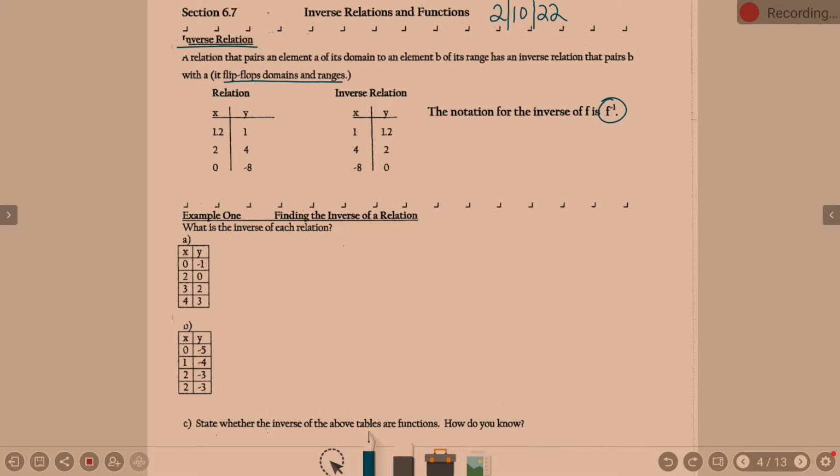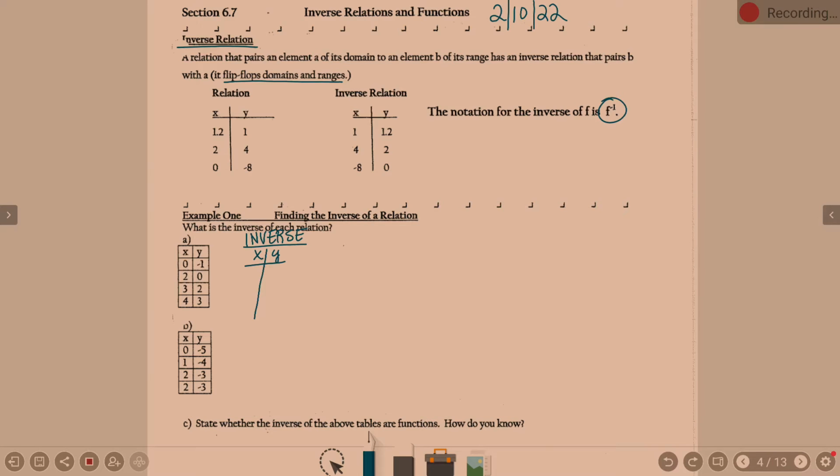So let's try example A. They give us a function, set of ordered pairs. Actually, hold on, it doesn't say it's a function. They give us a relation. What's the inverse?